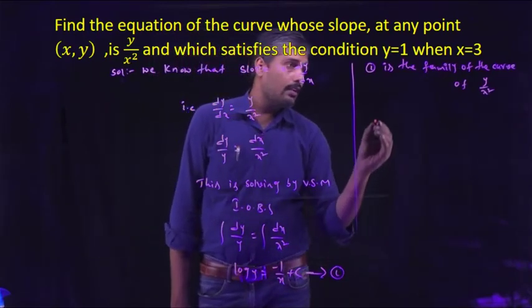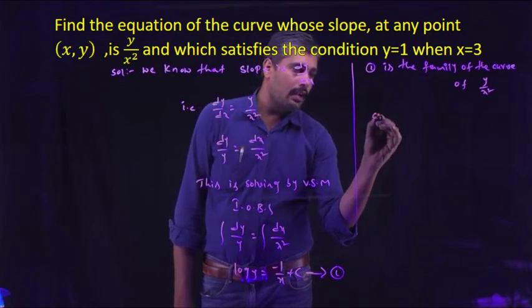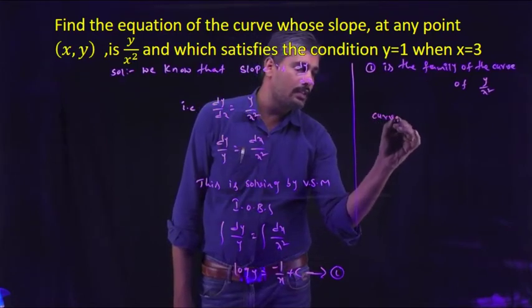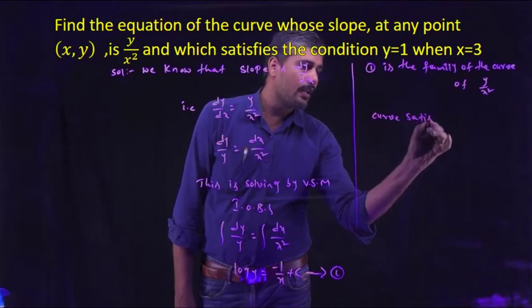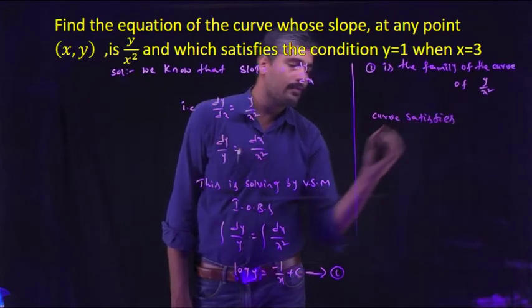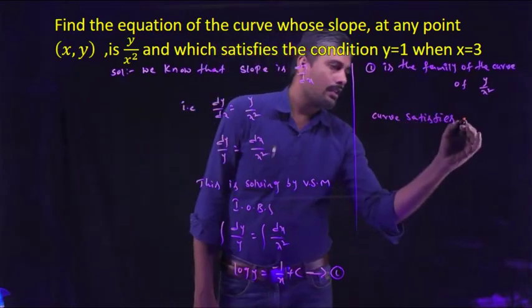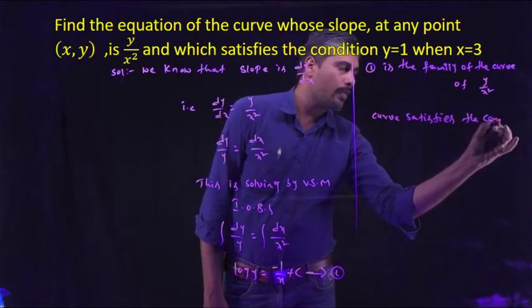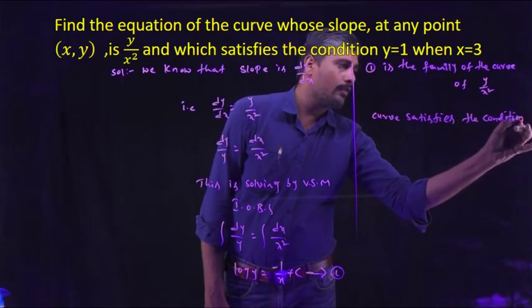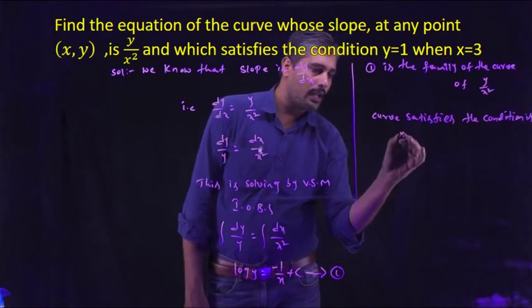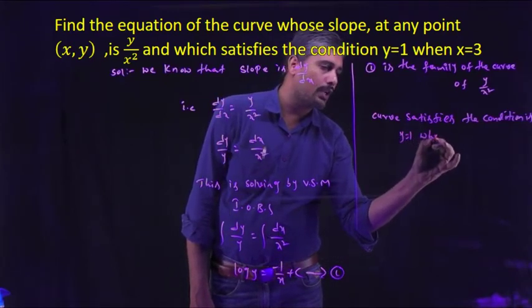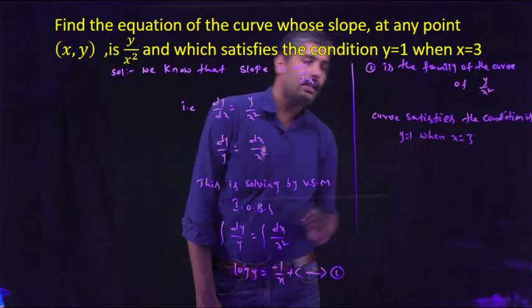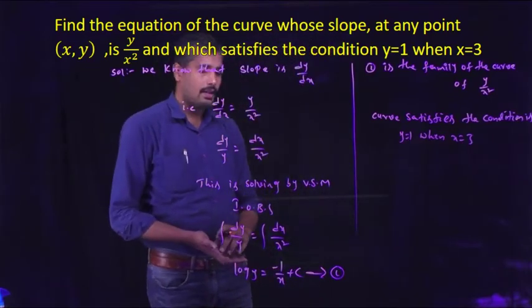But the curve, equation 1, satisfies the condition: y equal to 1 when x equal to 3. That condition is satisfied, right?